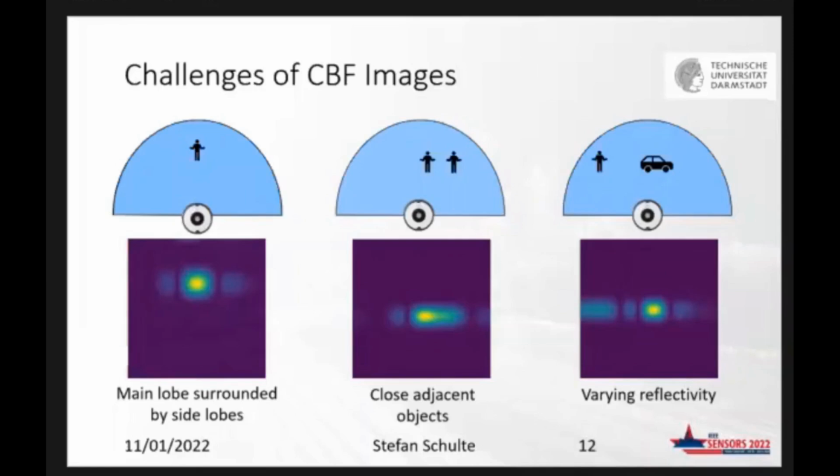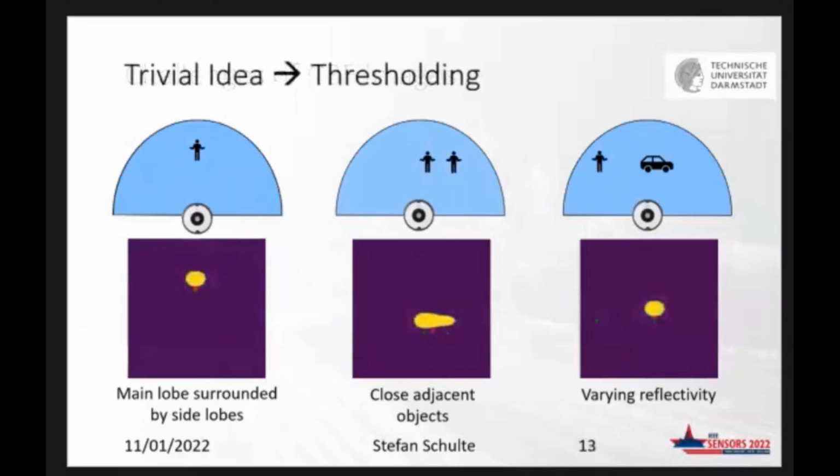A trivial approach, if you only saw one reflector, would be simply using thresholding and connected components, and saying, okay, in front of this main lobe you've got your obstacle. But with two reflectors or varying reflectivity, this doesn't work well.